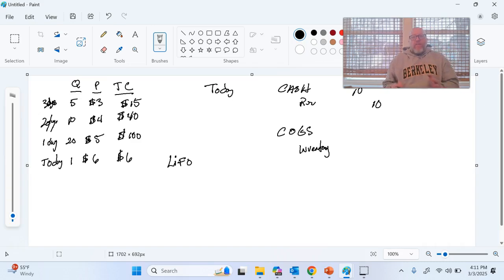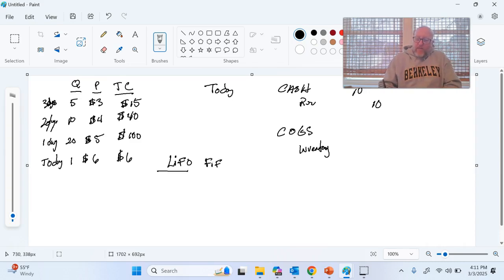And LIFO is the last avocado to come in would be the first avocado to go out, right? Again, it's not the physical avocado, it's just the cost of the avocado. I literally have no idea what avocado came in.